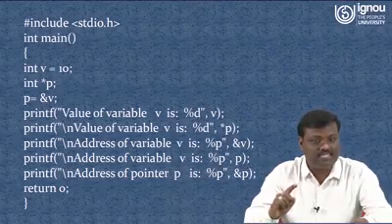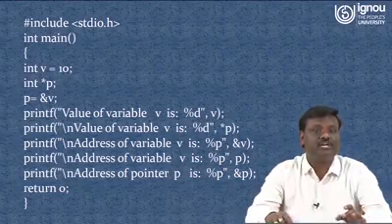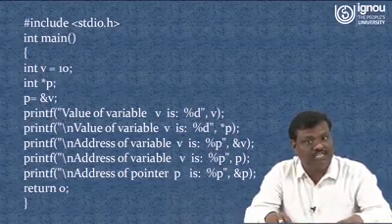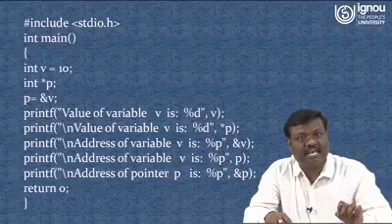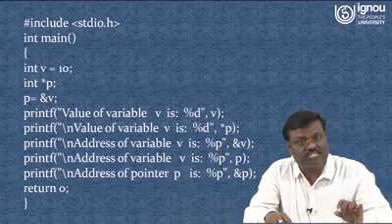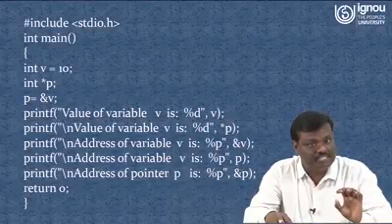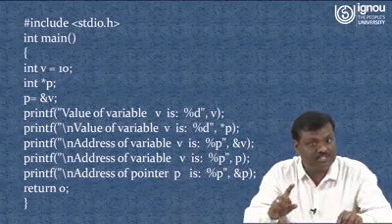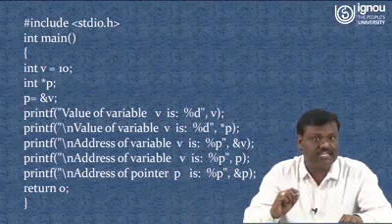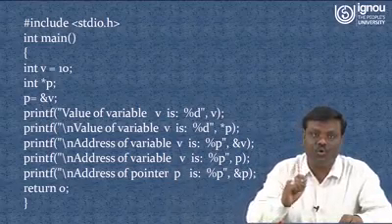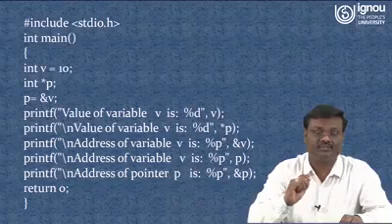Even though we talk about pointer variables, those also will have an address. As v is stored in a certain memory location, and p is a pointer which is capturing the address of v, the pointer variable also will have its own location. So that you have to see.